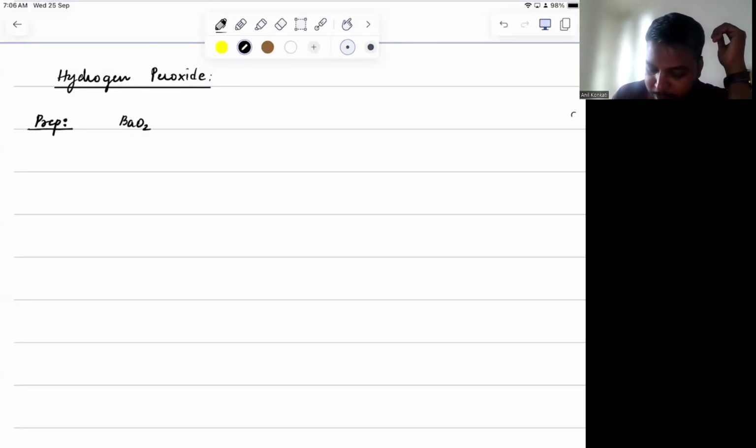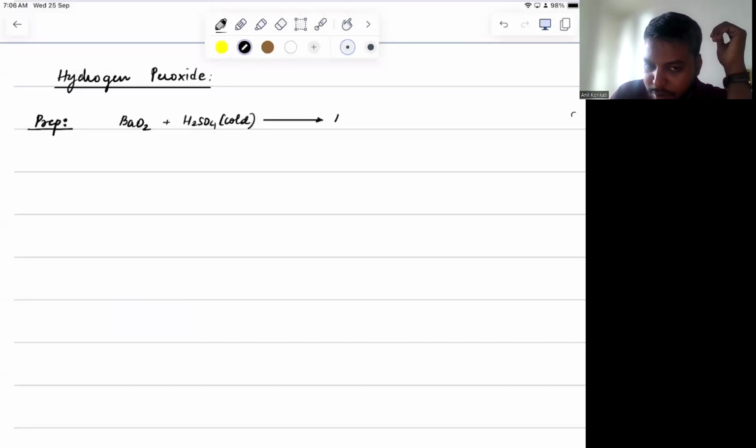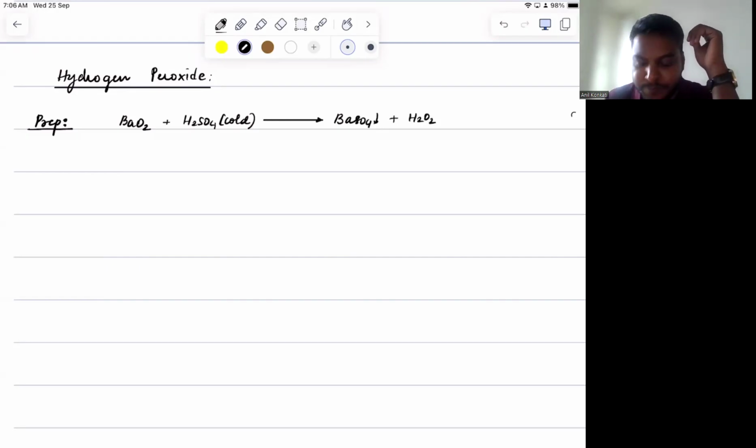Mainly, when you take barium peroxide and add it with cold H2SO4, then we will see it form barium sulfate and peroxide is released. This is typically how peroxide is being made.